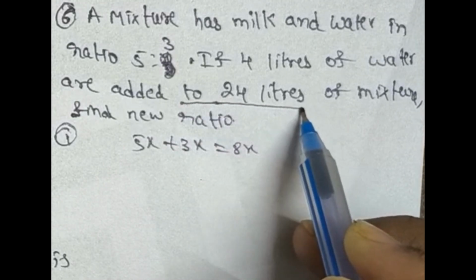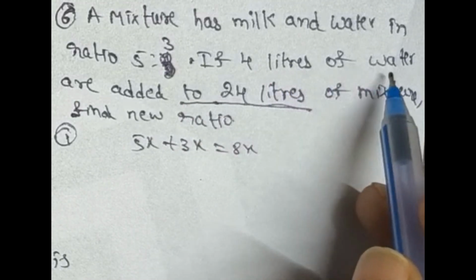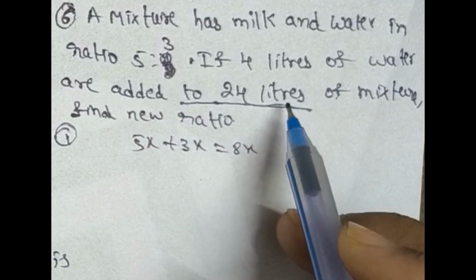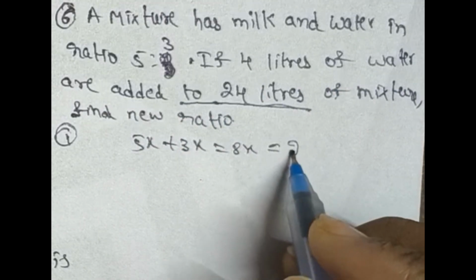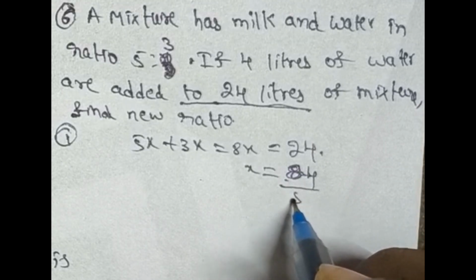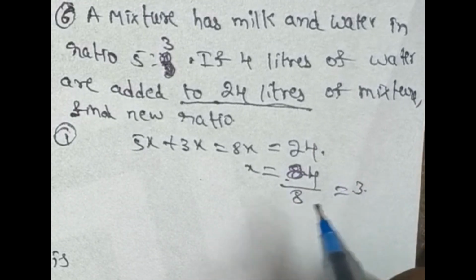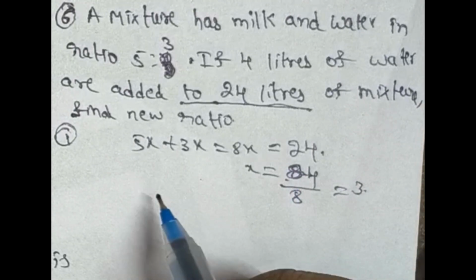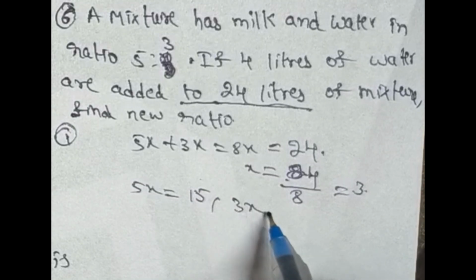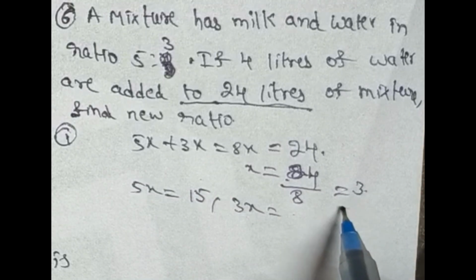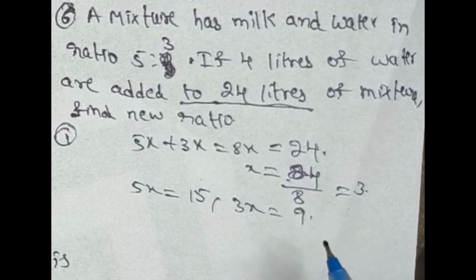Be careful at this line. 4 liters of water are added to 24 liters of mixture. So at first the mixture is 24 liters, each part resulting in 3. Now 5x is equal to 15, 3x is equal to 3 into 3, 9.